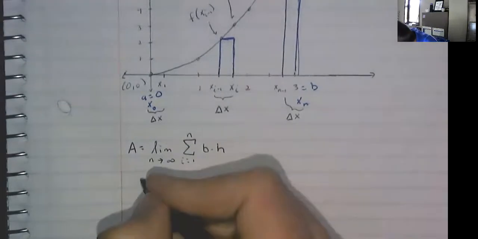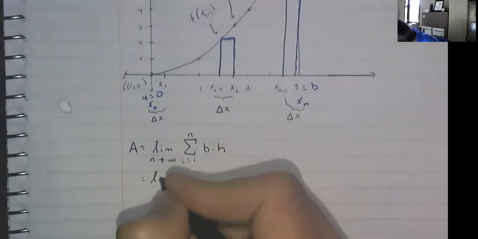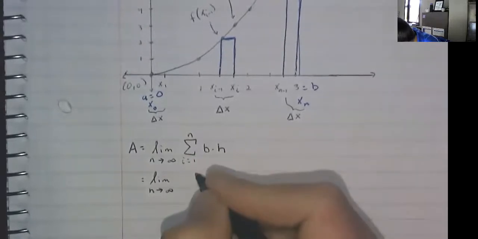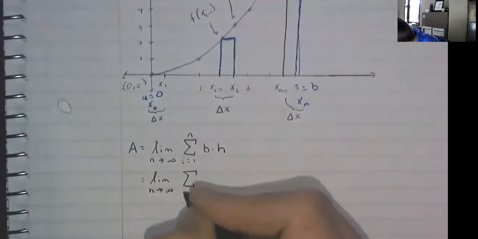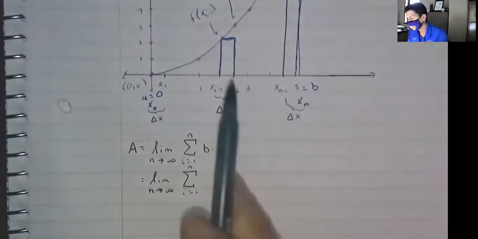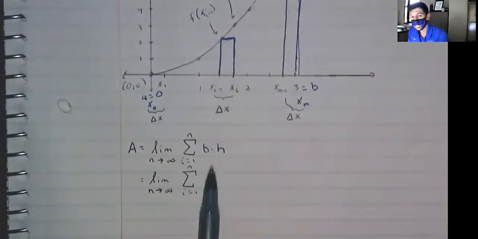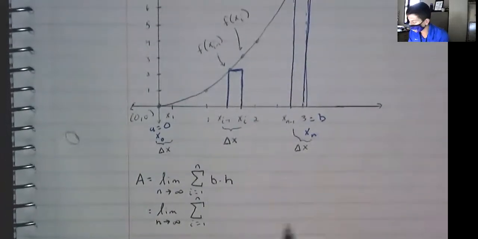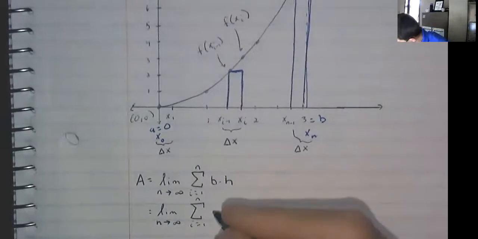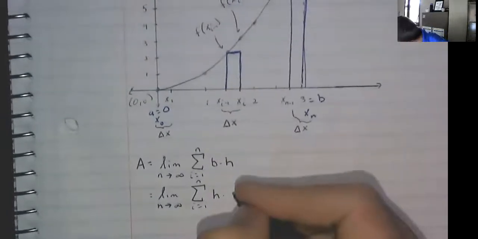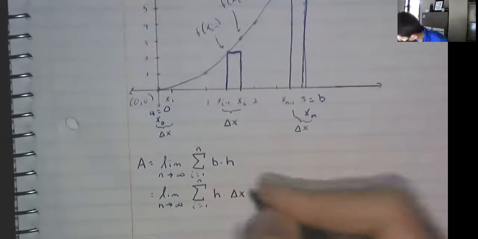Well, for our rectangles, let's think about what the base and the height are. The base is easy. The base of all these rectangles is exactly the same. It's delta x. The height, we're going to leave as h for now, but the base is just delta x.